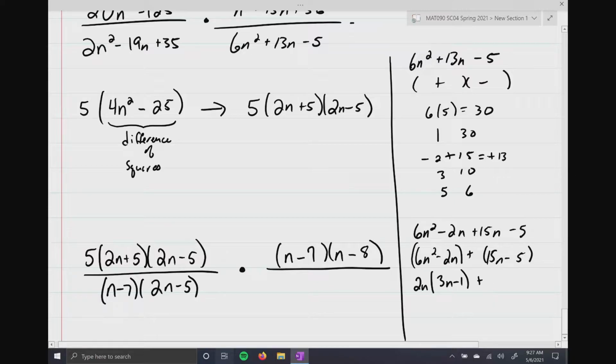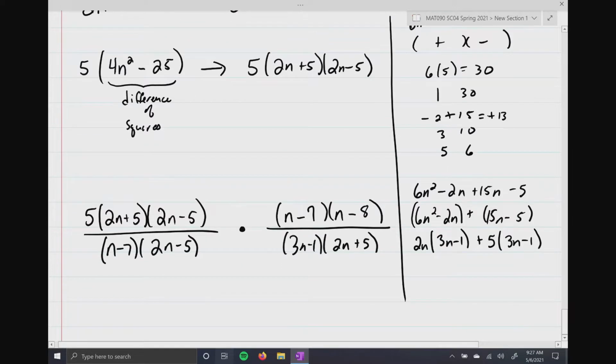For the second grouping, I can factor out a 5. So that's going to be 3n minus 1 again. So when everything is all said and done, it's going to be 3n minus 1 times 2n plus 5.